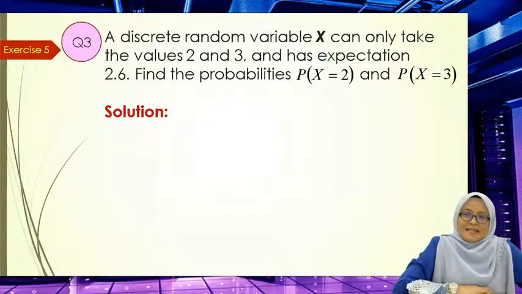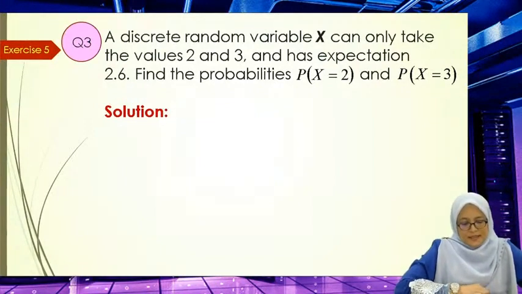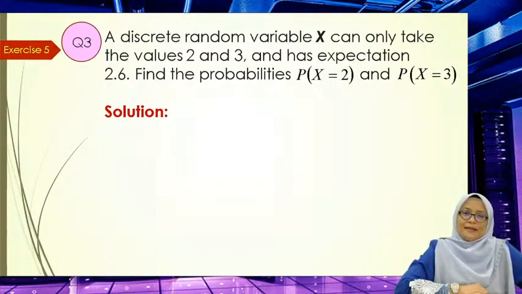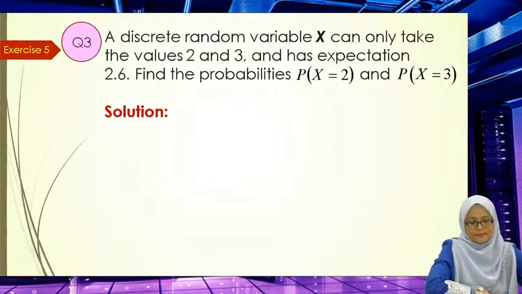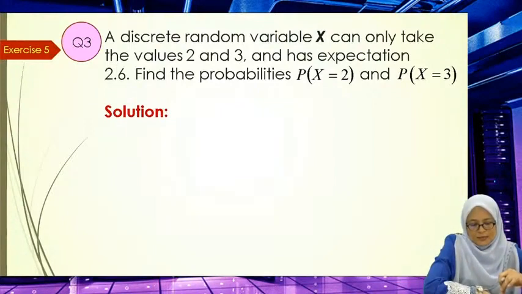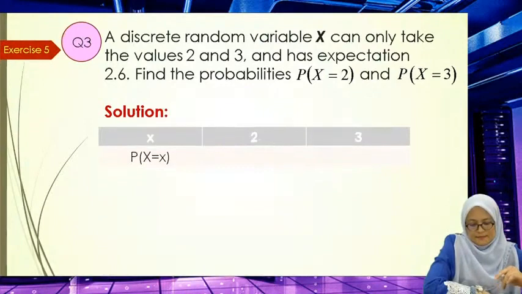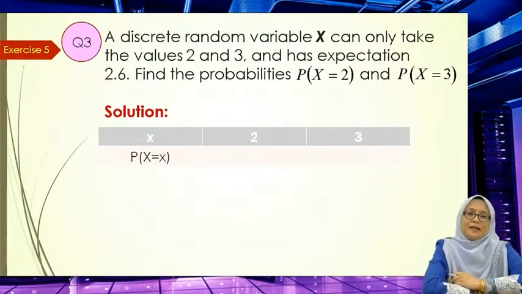Okay, so exercise 5, question 3. A discrete random variable X can only take the value 2 and 3 and has expectation 2.6. Find the probability X equal to 2 and probability X equal to 3. Okay, so macam mana kita nak cari? Okay, so kita boleh create table.